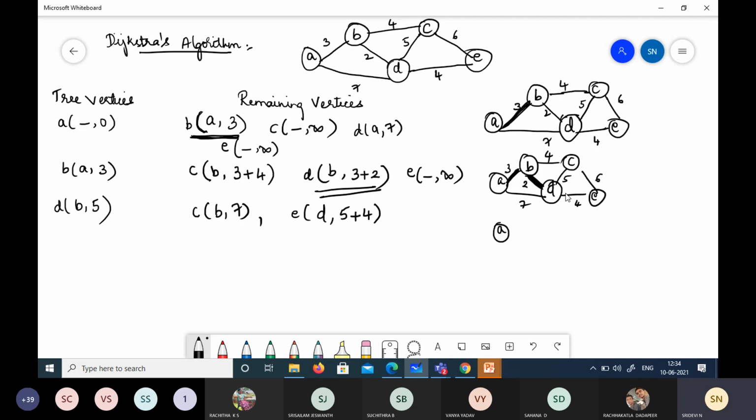I write on here only. Among this, which is the shortest path? B comma 7 and D comma 9. This only is the shortest. Hence we will consider this only. So we have this selected.